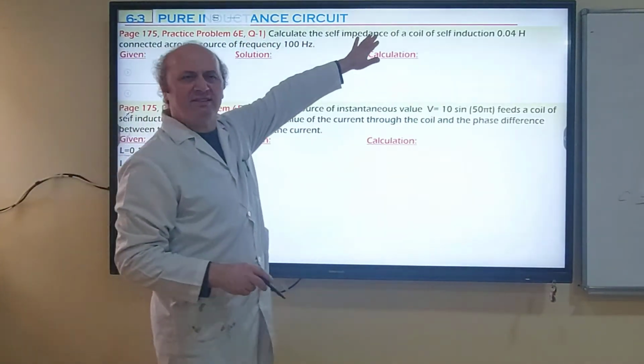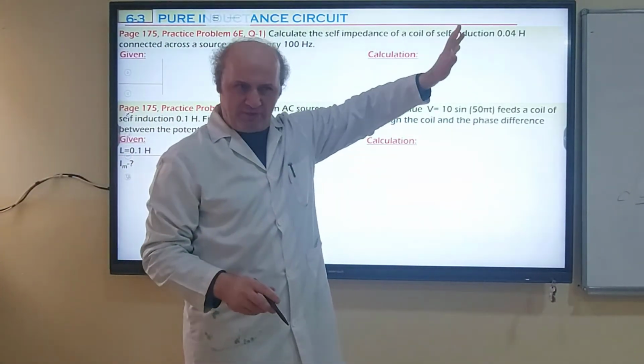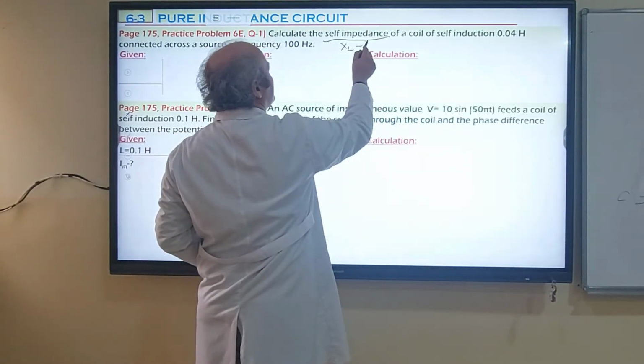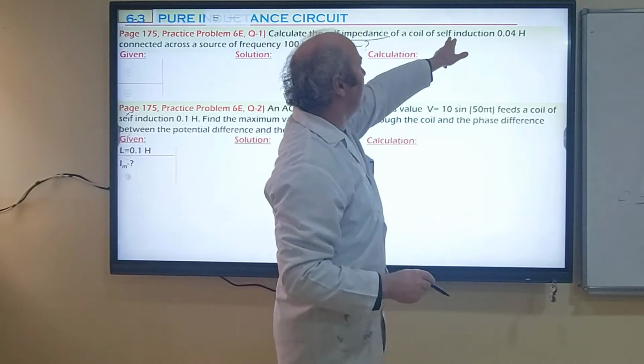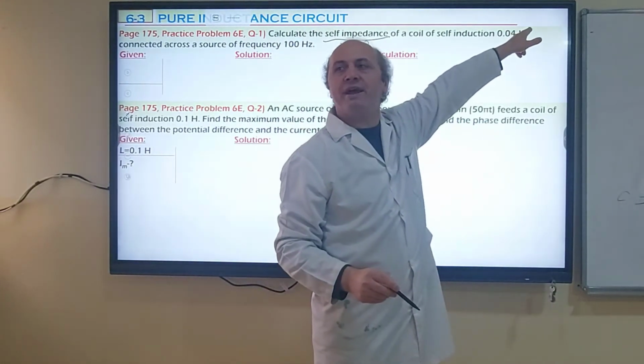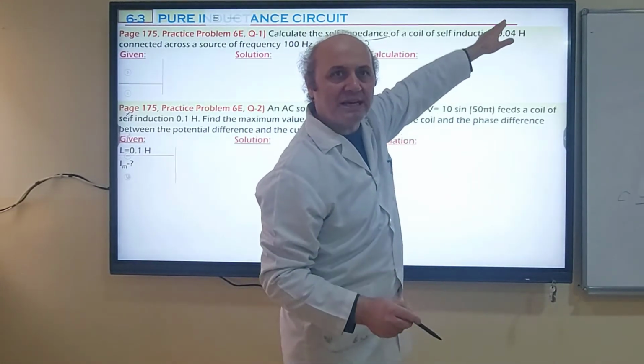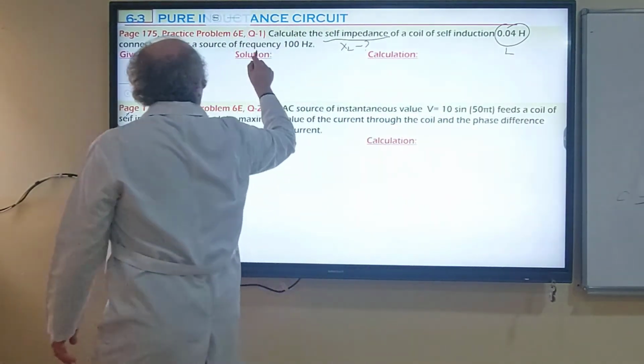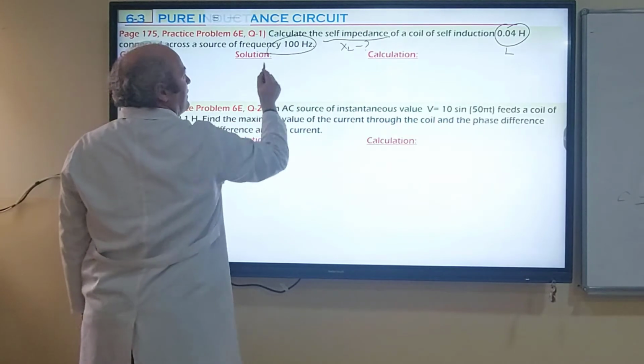Now let's solve a problem. Calculate self-impedance, inductive impedance, same thing, XL, of a coil of self-induction 0.04 Henry. This is L. Connected across a source of frequency F, 100 Hz.